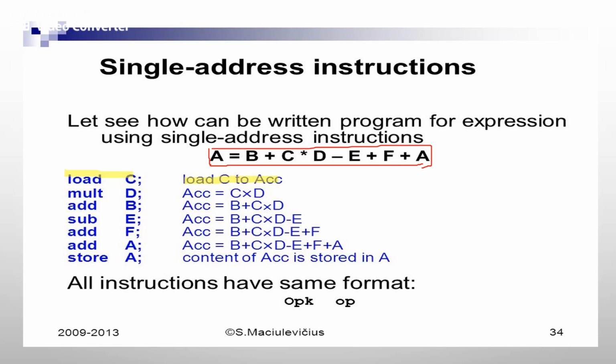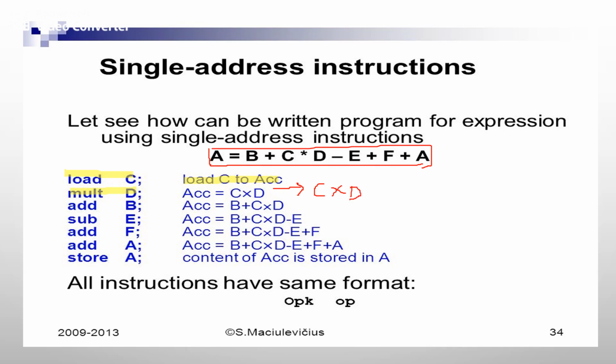Then multiply D. So now I have the value in the accumulator as C into D. After execution of the second instruction, the value of the accumulator register is nothing but C into D.